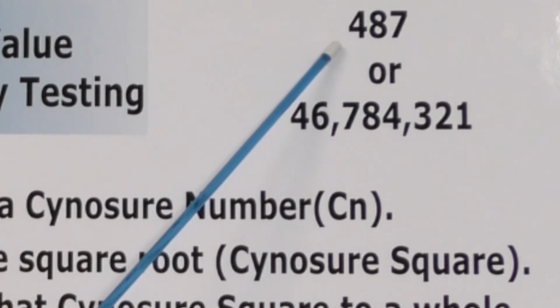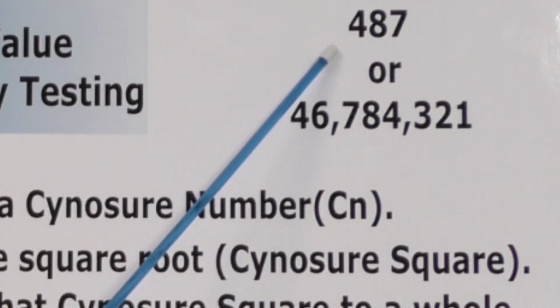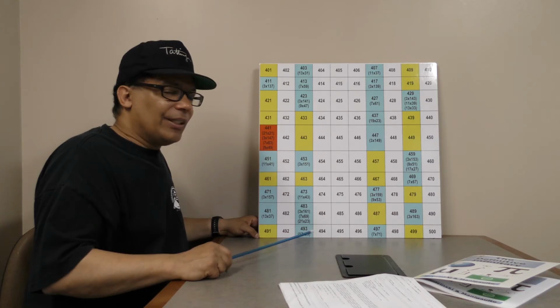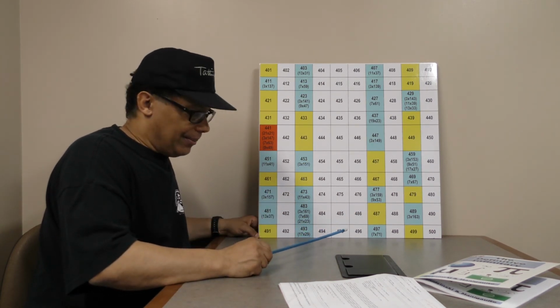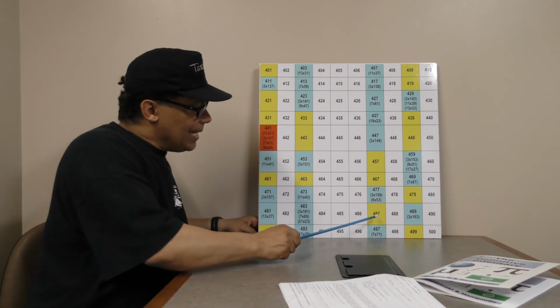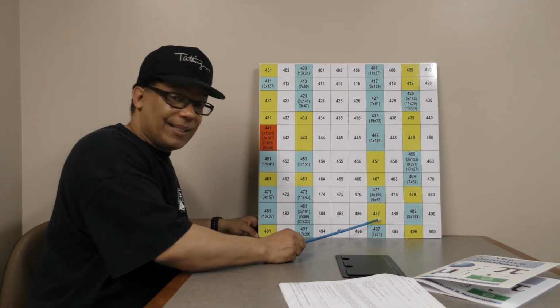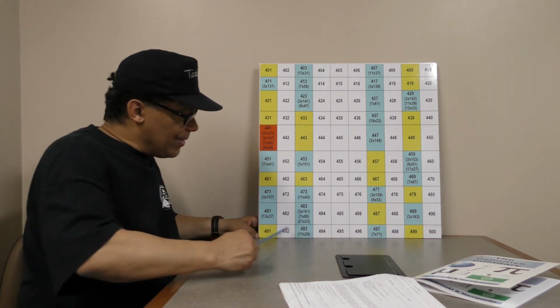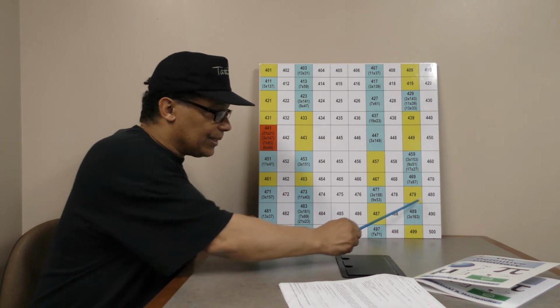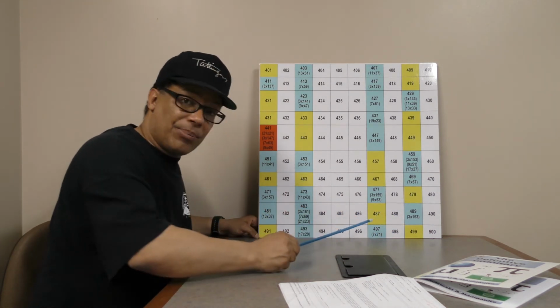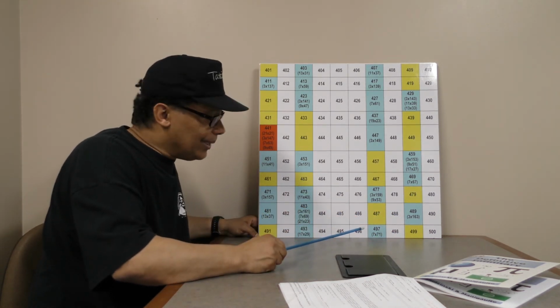Let's look at the prime possible 487. Let's try an even newer way to determine whether a number is a prime number or not. Let's take a look at 487 in a different light. Let's determine within the range around 487 whether the cynosure numbers around it are prime or not. Now, why would we want to do that?